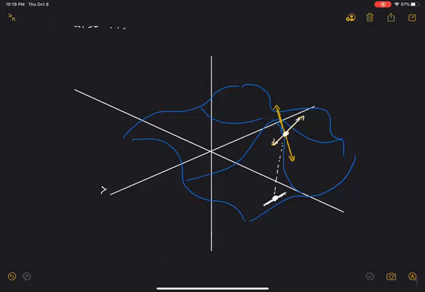So the partial derivative with respect to x gives me the slope of the tangent line if I'm looking at a line parallel to the x-axis. And then the partial derivative with respect to y, f sub y, gives me a similar thing for tangent lines parallel to the y-axis, right?